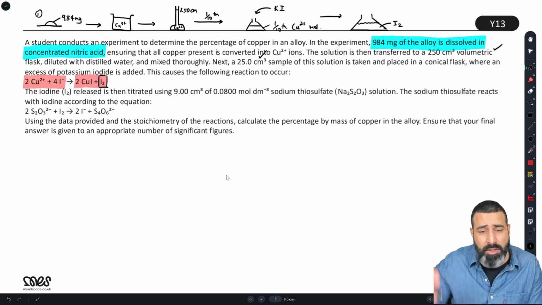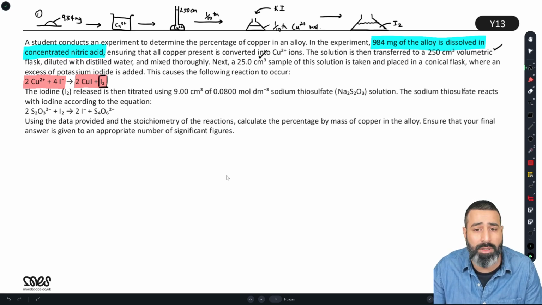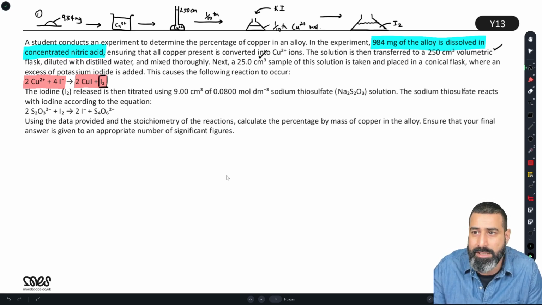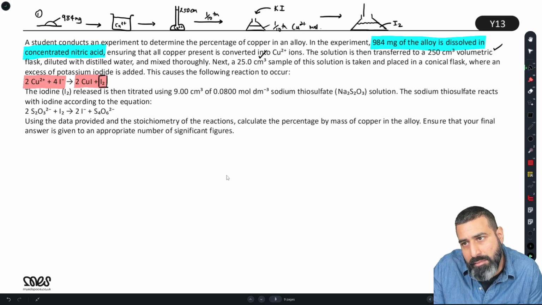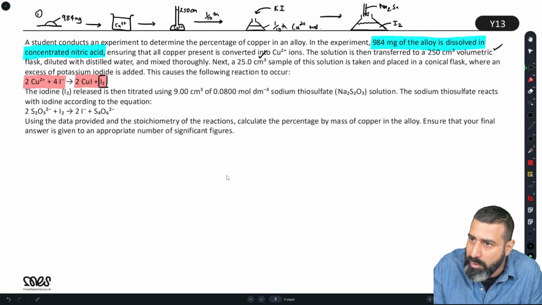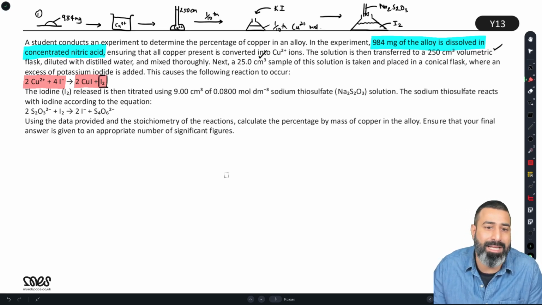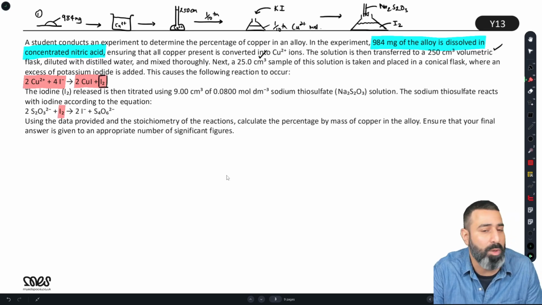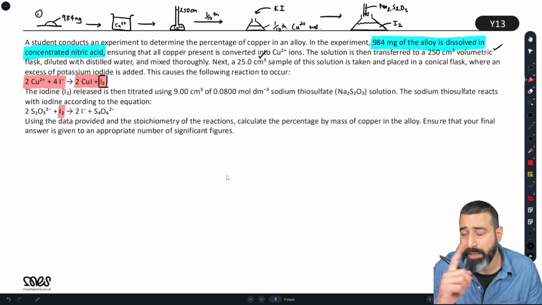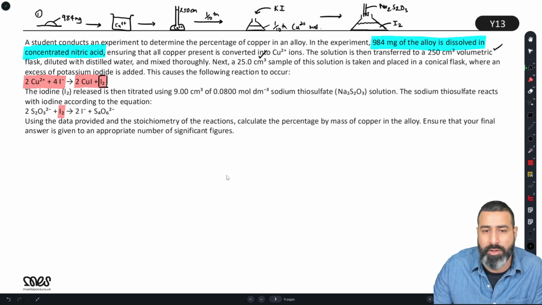And then the iodine that is released or liberated is then titrated with sodium thiosulfate. And if I do a titration with sodium thiosulfate, that allows me to determine the number of moles of I2 that reacted. Okay, so what do we know about the sodium thiosulfate?